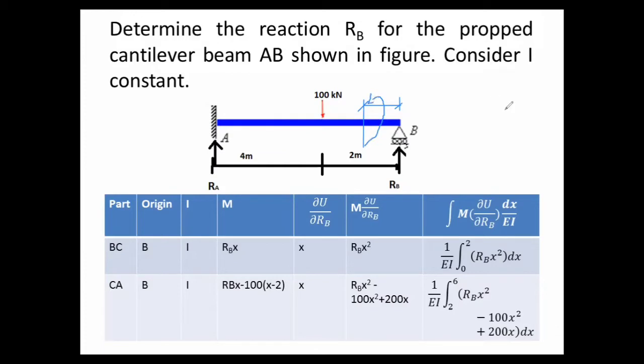As per sign convention, an anti-clockwise moment on the right hand side of the section will be treated as positive. Hence, I have written this value as positive, RB into x. Now I will continue in the same row. This is my total moment for this particular part, only this particular part.